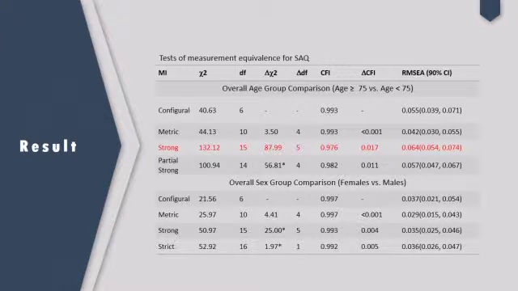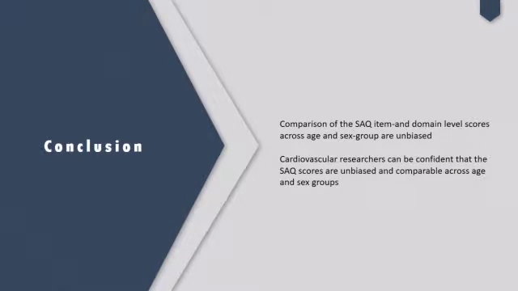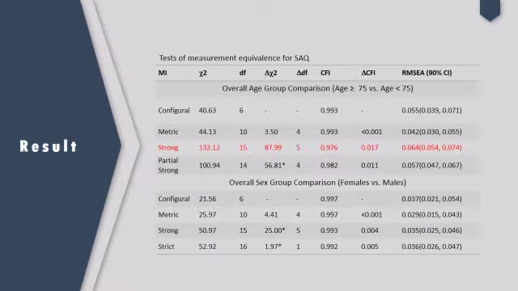So overall for the age group, we were able to meet partial strong invariance. We were able to satisfy strong and strict invariance for the overall sex group. I did not report it here, but we also compared age groups among females, less than 75, and then males as well.